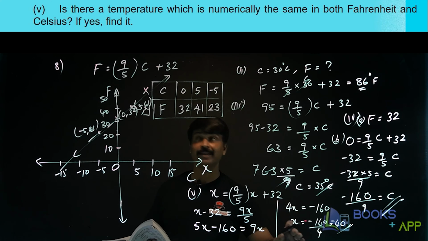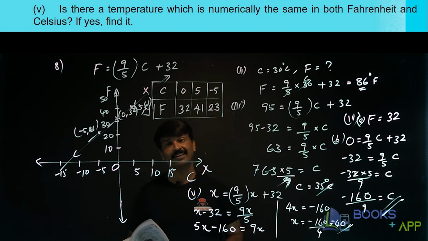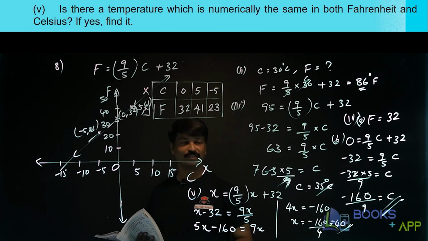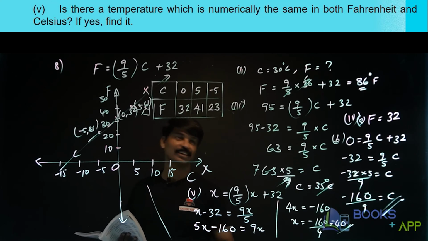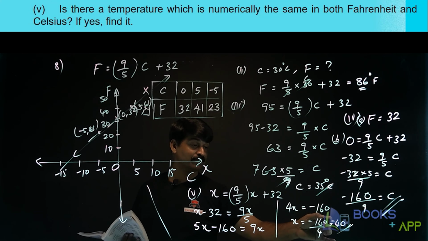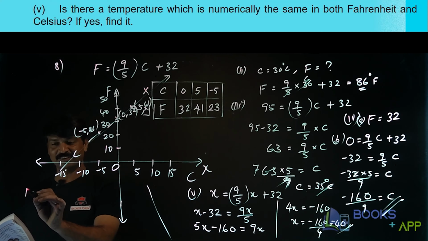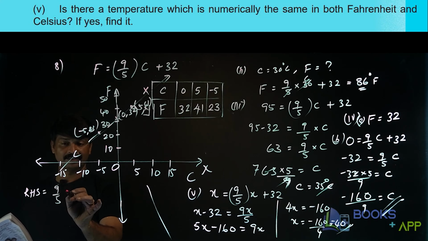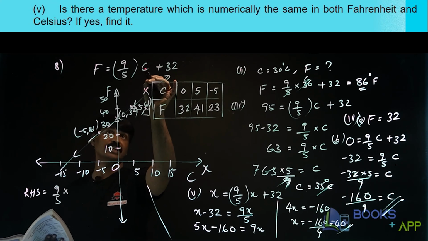That means when F is equal to minus 40, the value of C is also equal to minus 40. If you want, you can check it. How can you check? Put the value X is equal to minus 40 on the RHS. Let us see what the RHS is. RHS is equal to 9 by 5 into C. Instead of C, that is X, isn't it?